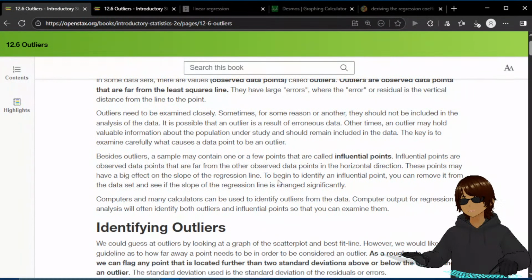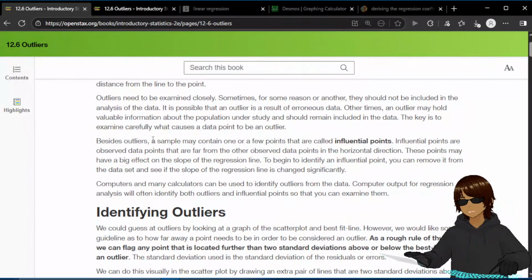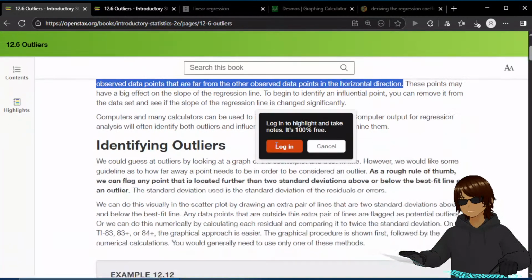To begin to identify an influential point, you can remove it from the dataset and see if the slope of the regression line is changed significantly. So influential points are far in the input. Outliers are far in the output.